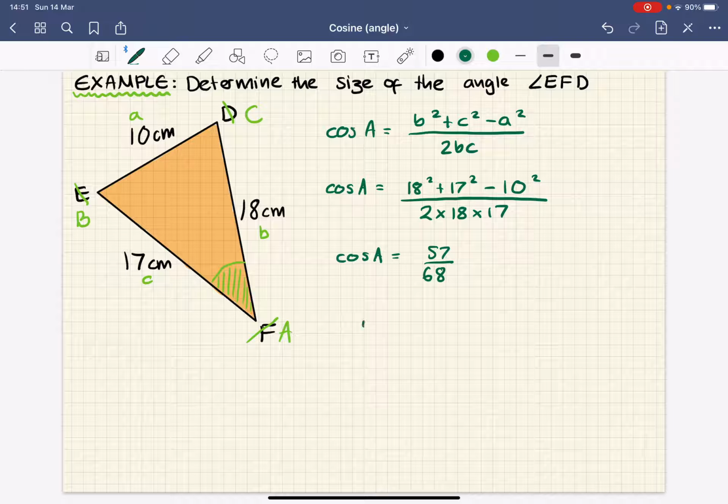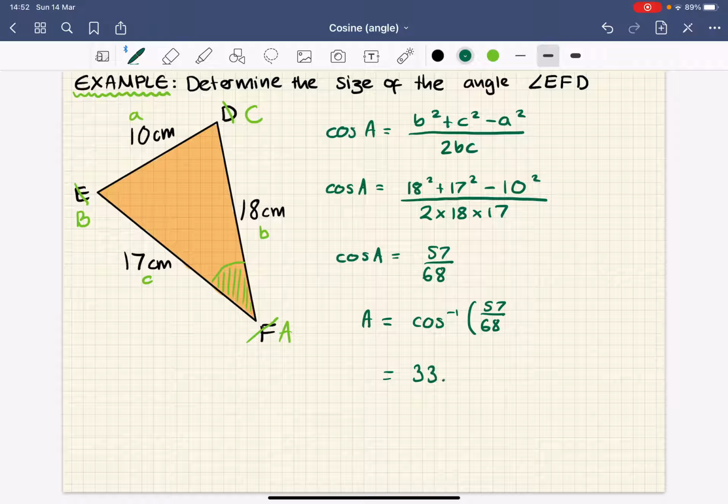And then from there, I can just find out A by doing the cos inverse of that fraction. And that gets me a final answer of 33.0457 and so forth. And so if I was to round it to 2 decimal places, that would be 33.05 degrees.